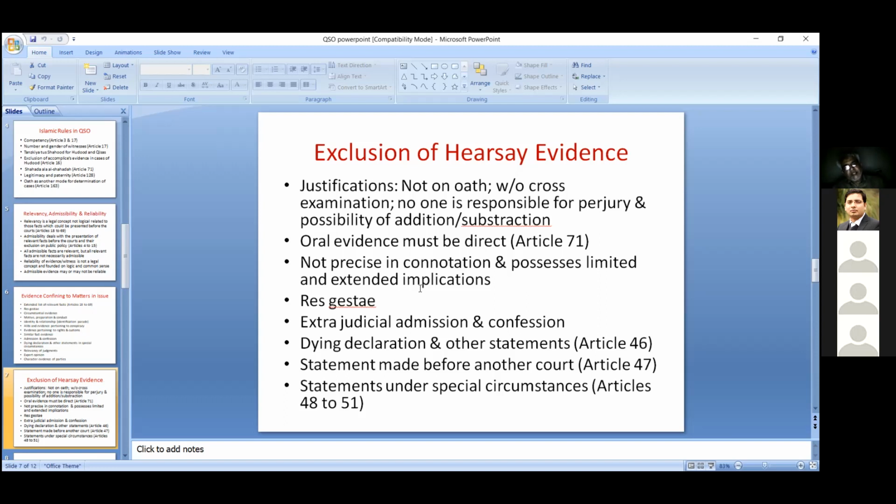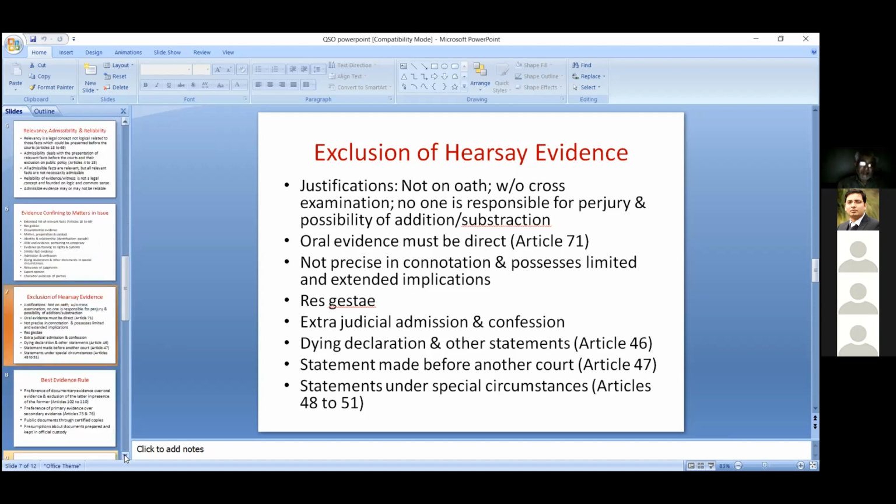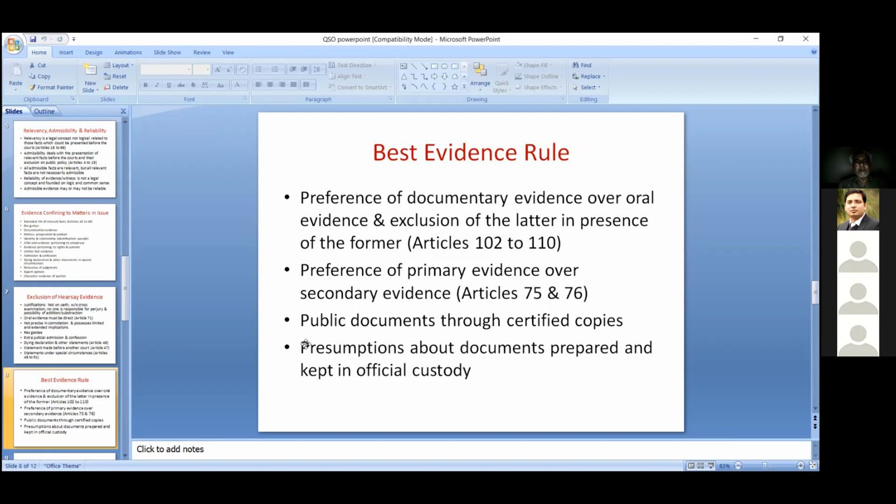Some more kinds of exceptions are mentioned in Article 48 to Article 51, statements which are written in a register and written in official records. These kinds of statements are presented and treated as evidence in themselves, though they are indirect evidence of the fact narrated therein.